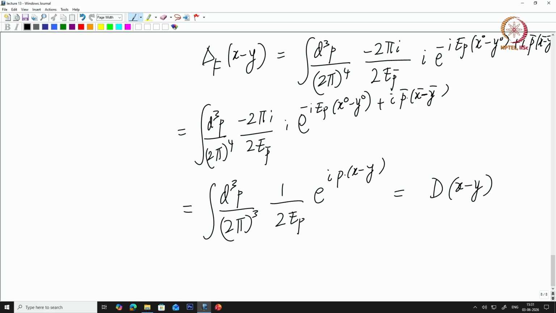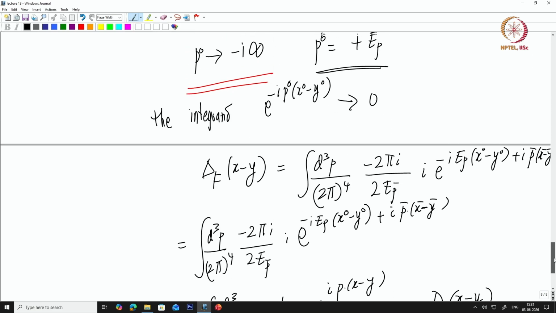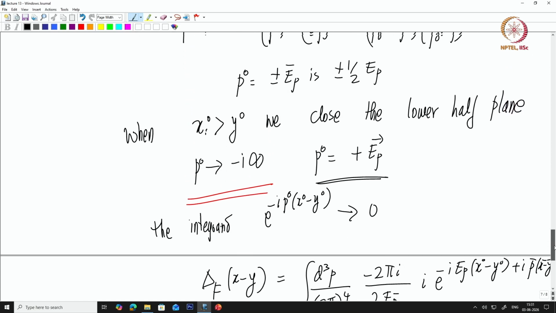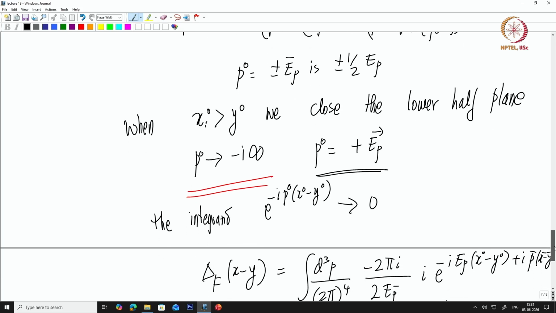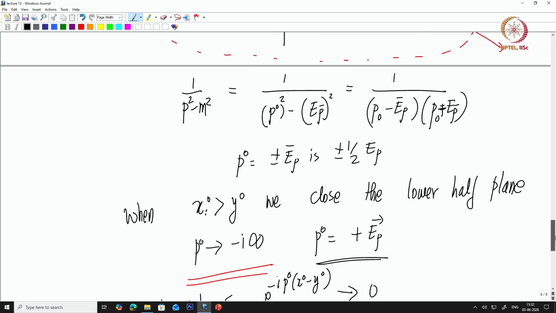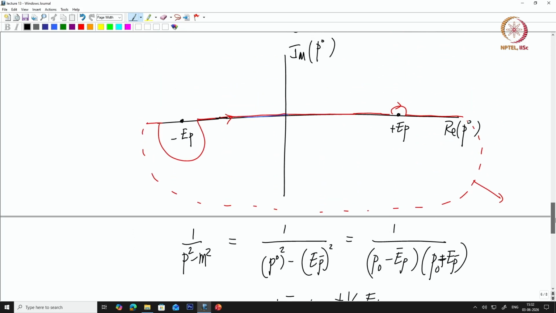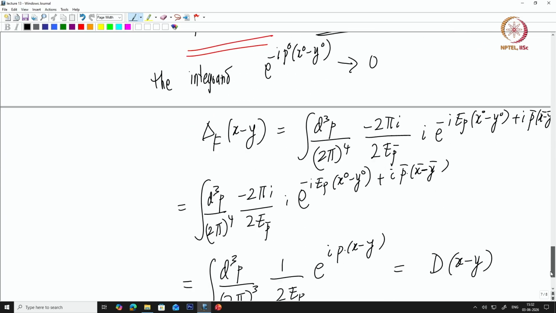But this is time ordered, which is the final result in contrast. The important point is that when you close the contour, we choose one of the poles in the case x0 greater than y0.